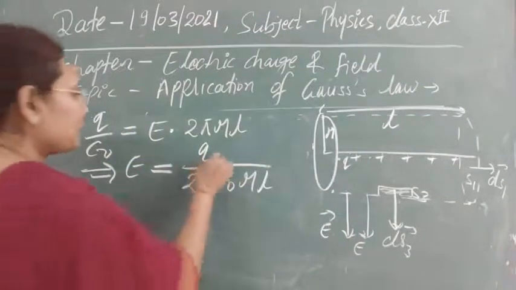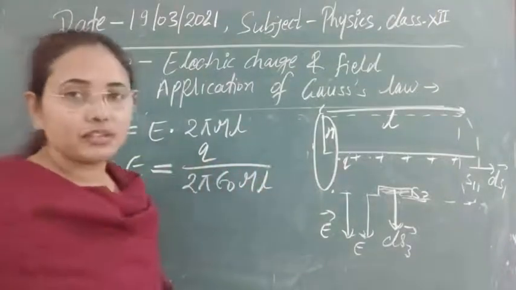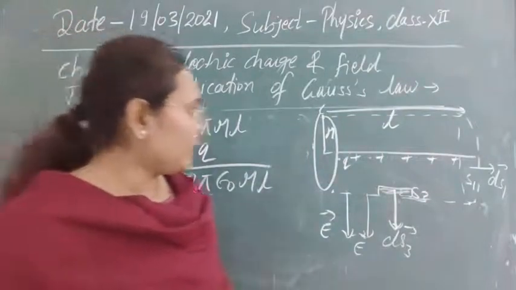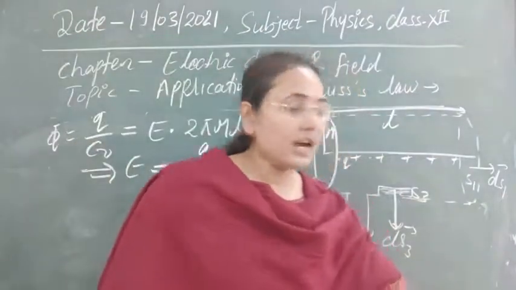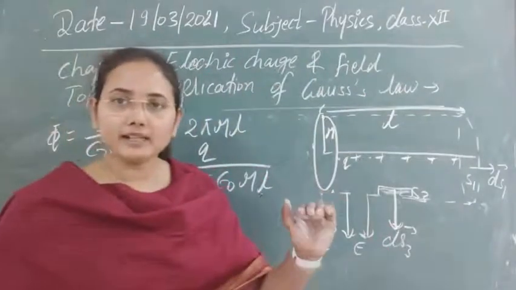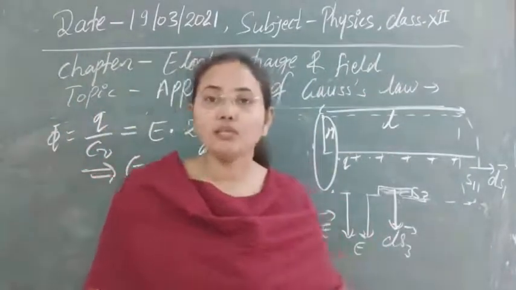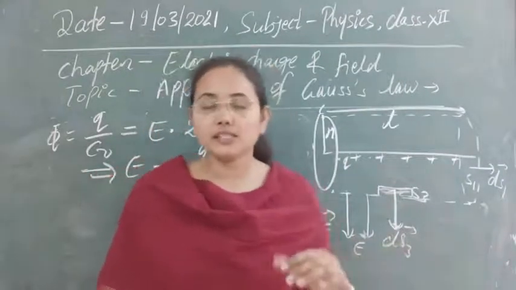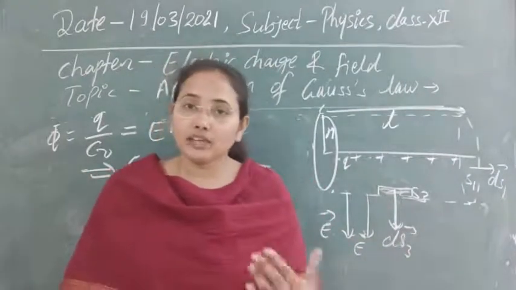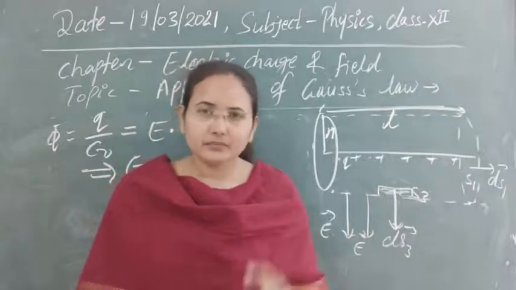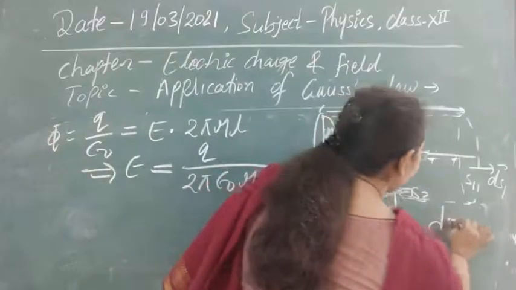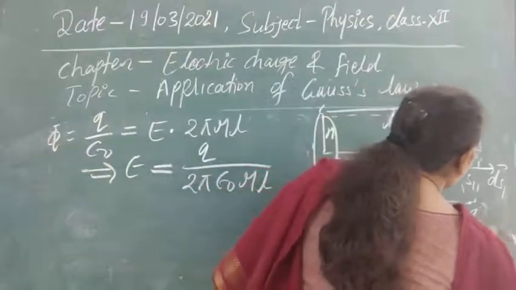Now in place of q by l, as we have already understood the charge distribution for different cases, in this case we see the charge is distributed in one dimension only, over the length. Whenever charge is distributed over the length, we call it linear charge density, defined by lambda is equal to q divided by l.